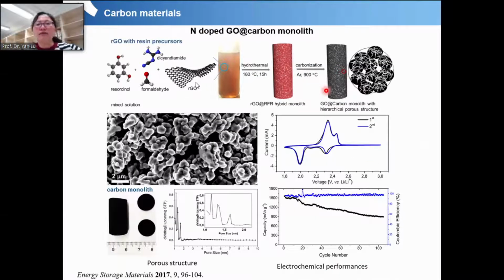So our group has also worked on this topic, and based on this idea of carbon nanotubes, we also thought about using a kind of carbon monolith. For the carbon monolith, you see the final product looks like this. It's really like a black kind of pencil.